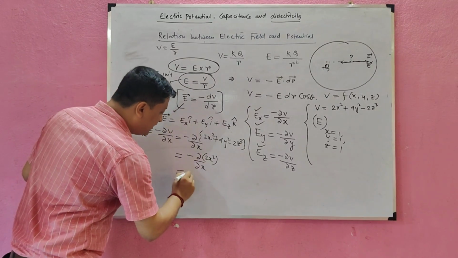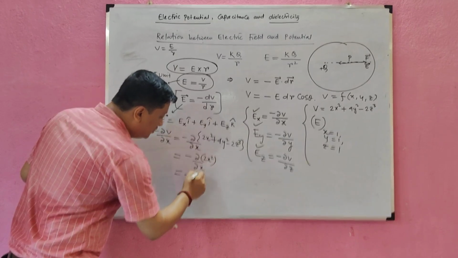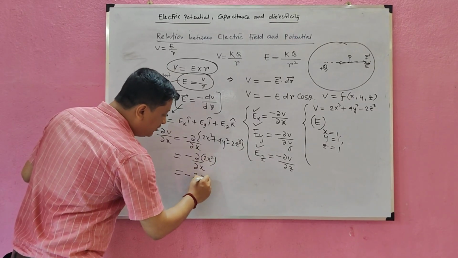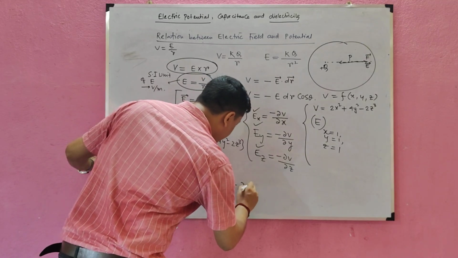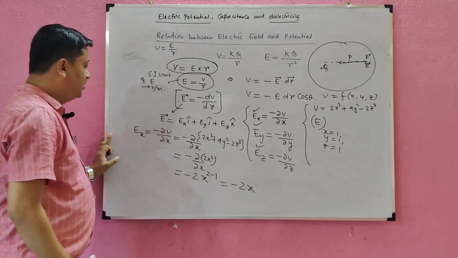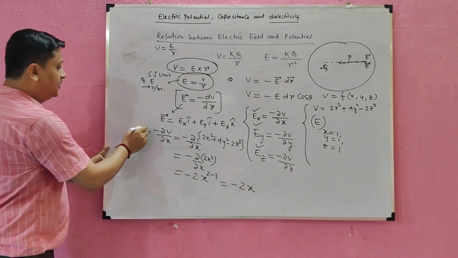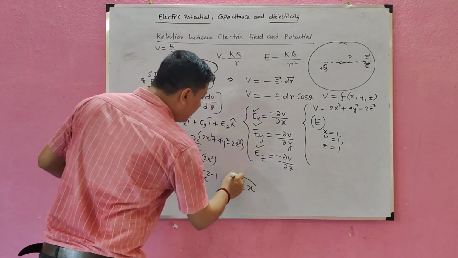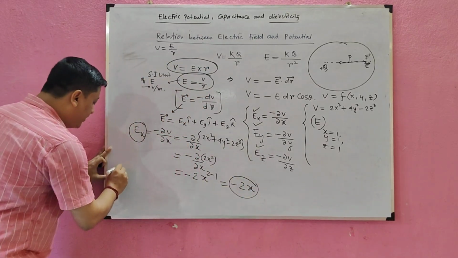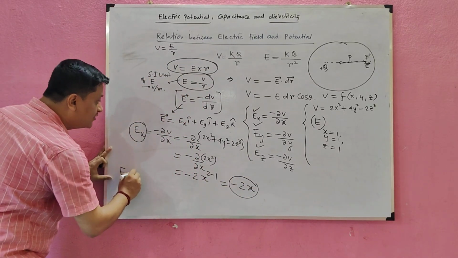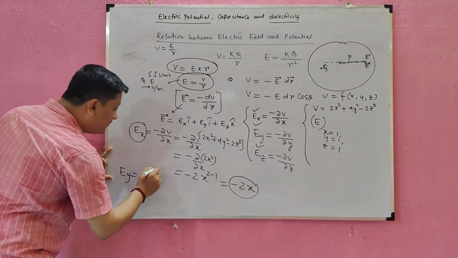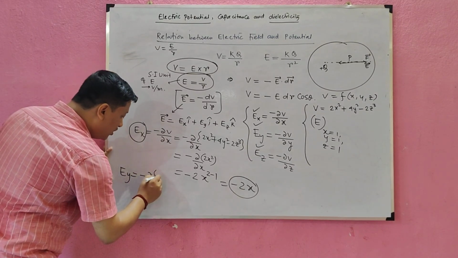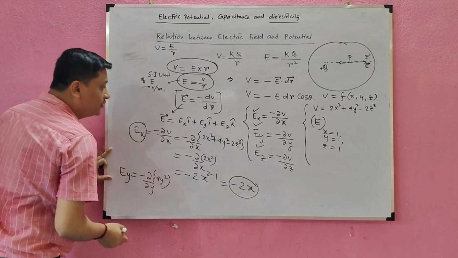So from this we can write minus, this is 2 and here it will be x to the power 2 minus 1, that is minus 2 into x. So electric field Ex equals minus 2x. In such a way you can find Ey also. Ey equals minus del y of only 4y square will be there.